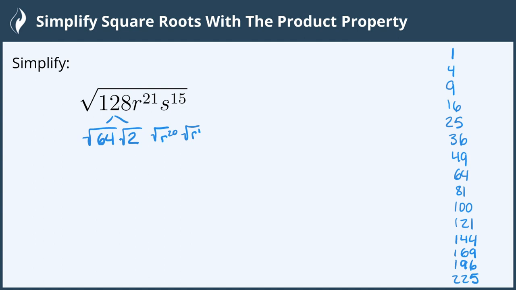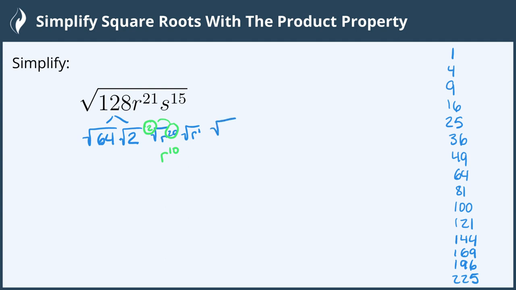I'm looking for pairs of the variables to be a perfect square, so I divide the exponent 20 by 2, which gives me r to the 10th. The odd ones we won't be able to divide.